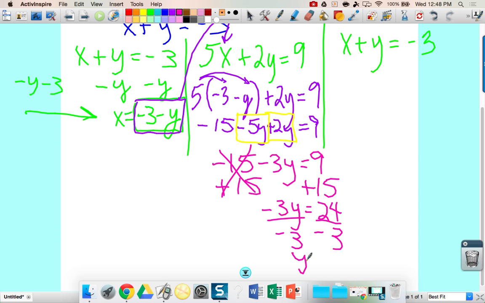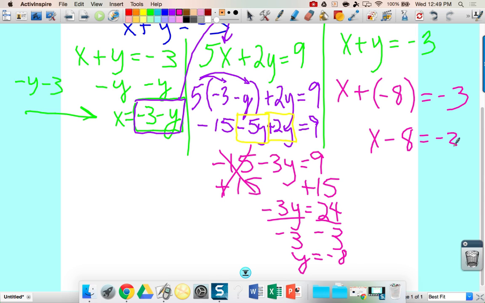And then y equals negative 8. So if y equals negative 8, x equals 5.